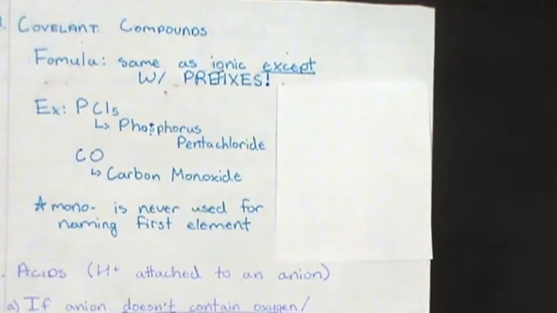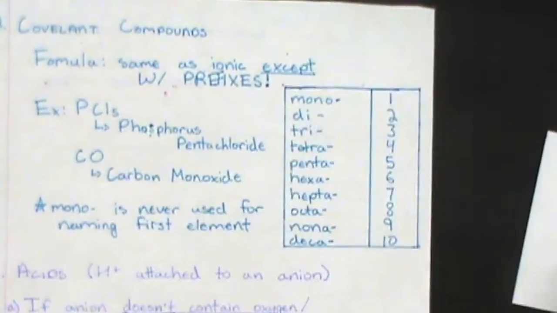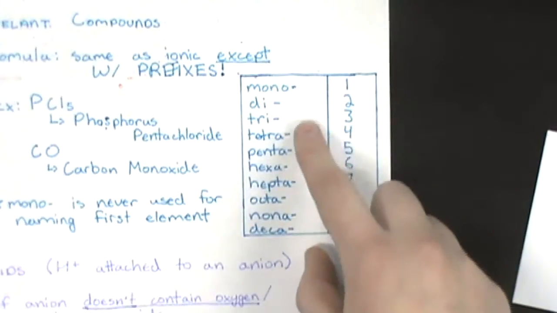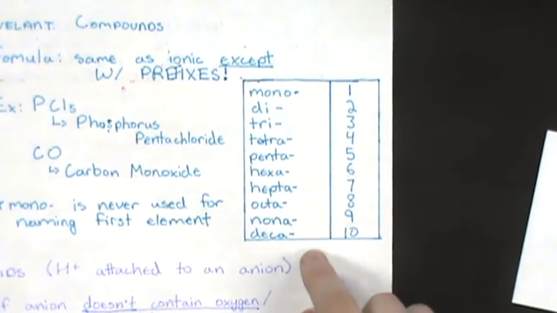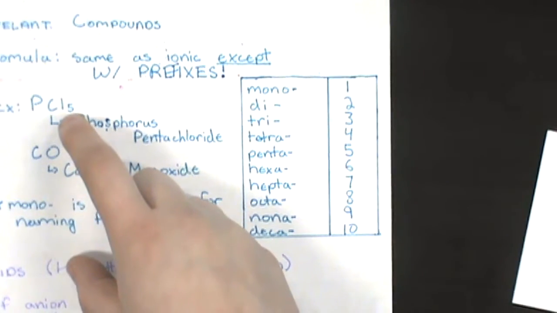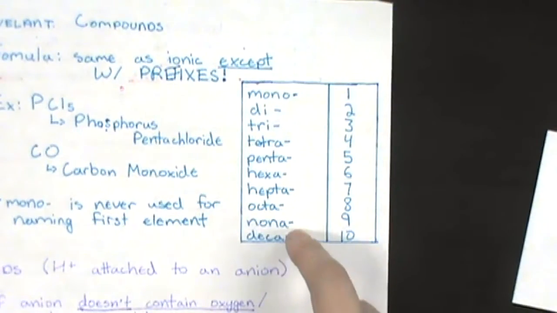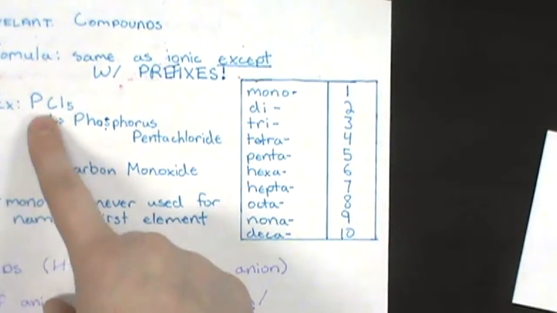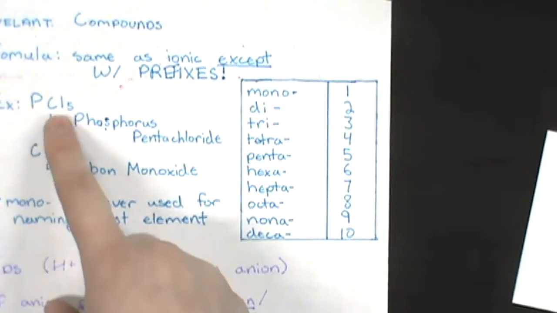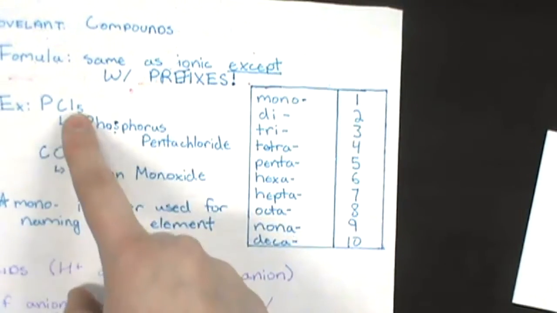All right. Next, we have covalent compounds. So it's basically the same, but with prefixes, which is interesting. And you can see my little list right here is the different prefixes based on the number that is associated with the element. So, for example, PCl5 is phosphorus pentachloride, because of the 5.